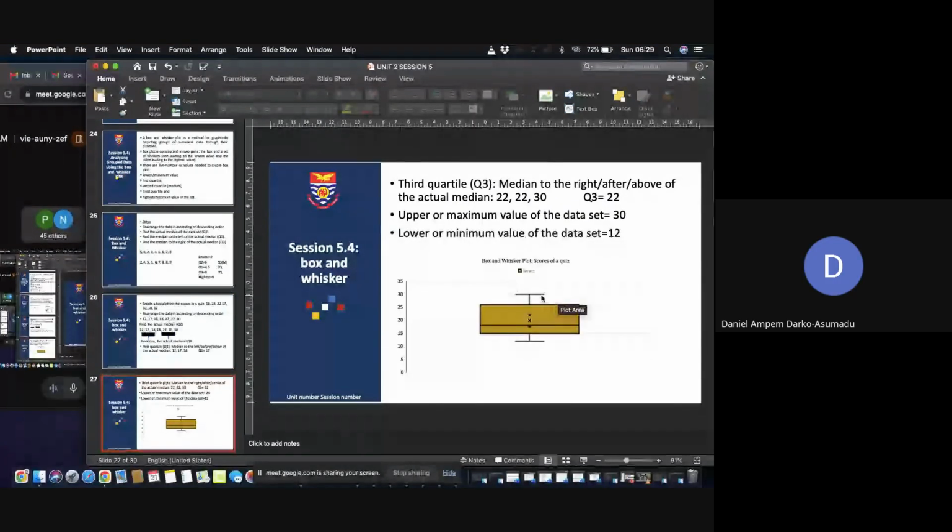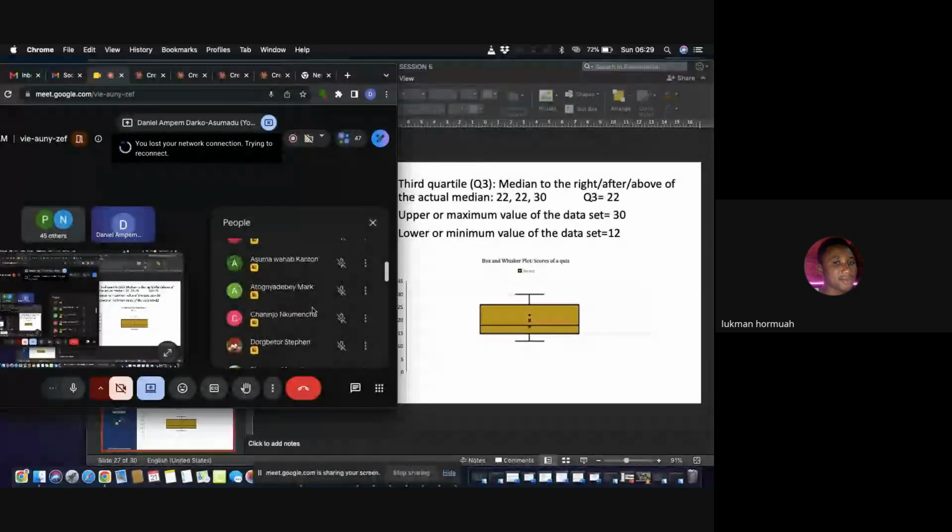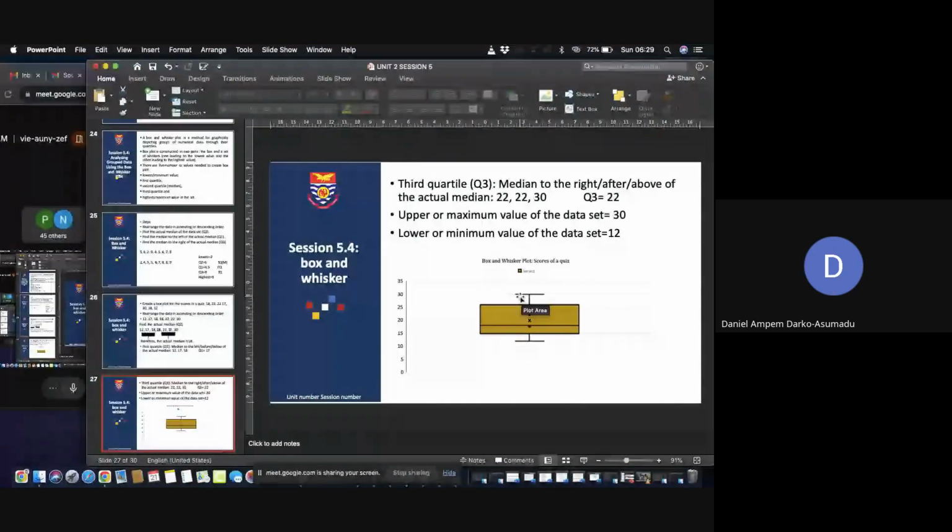Now, this is how the box and whiskers work. The one in the middle is the box, and the tails are the whiskers.